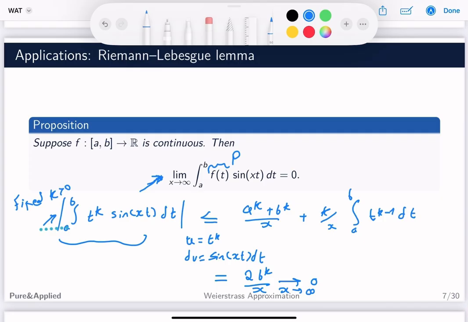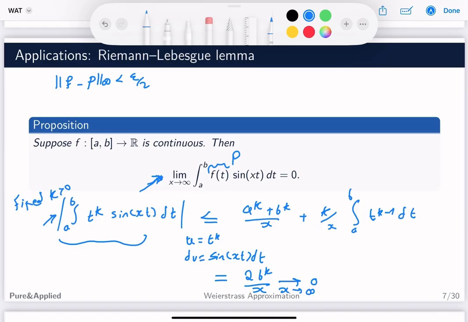This is all you need to prove the result, because as I mentioned, you can always find a polynomial p that approximates f in the uniform norm, let's say less than epsilon over 2.